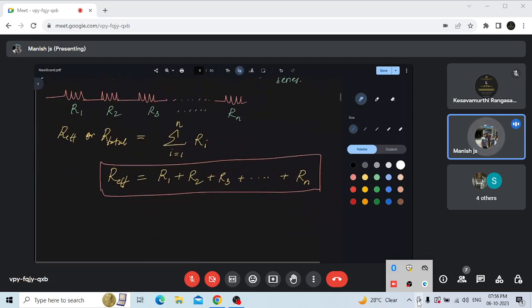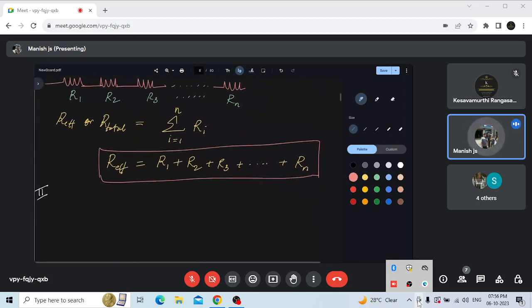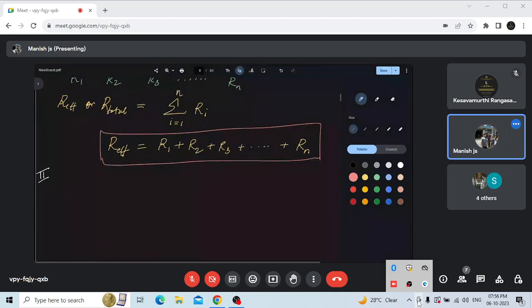Now we are looking at the second combination, which is the parallel combination. How are the resistors connected in parallel? They are connected like this, one below the other, like a ladder. Have you seen a ladder? That is an example of parallel combination.